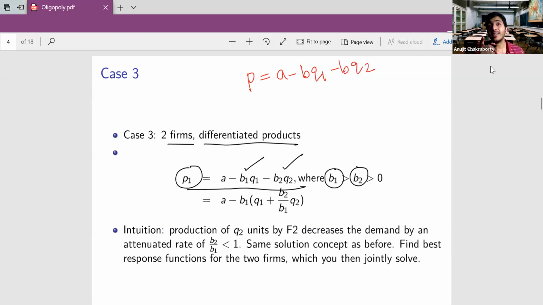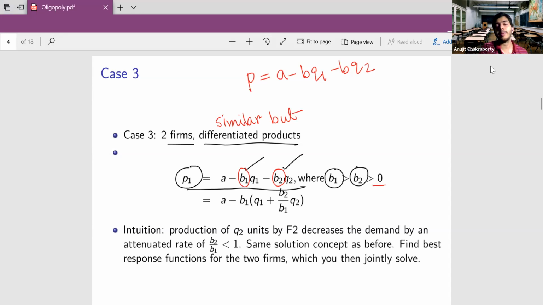When you're selling similar but slightly differentiated products, you don't have the same coefficients on the amount produced by yourself and the amount produced by the other firm. Rather, your price depends more on how much you produce than on how much is produced by the other firm. That is captured by B1 being the bigger term and B2 being the smaller term.